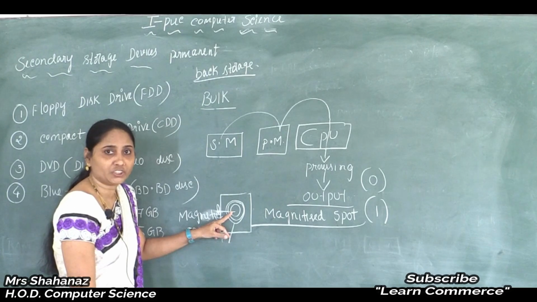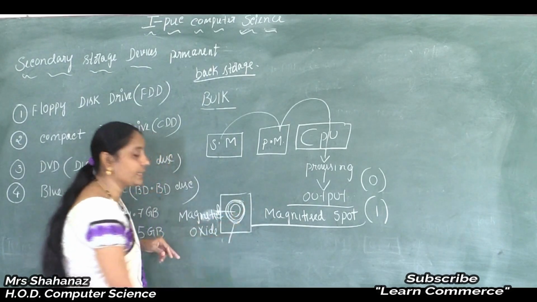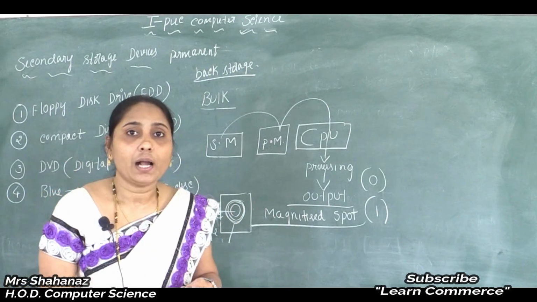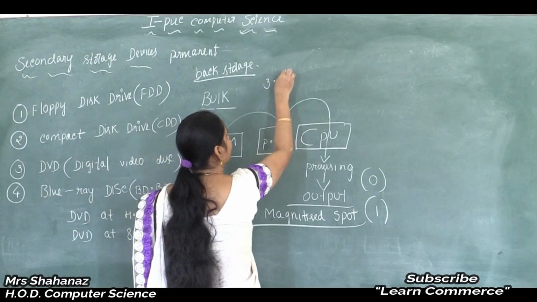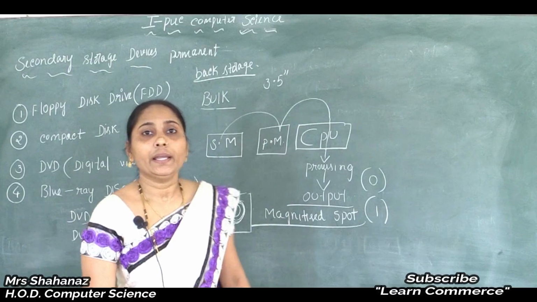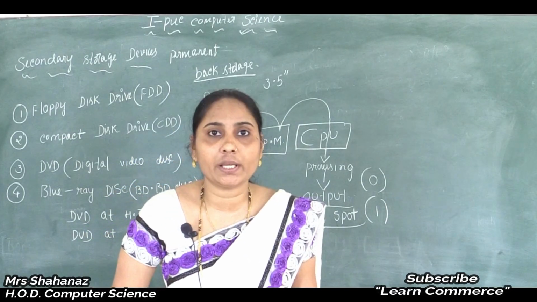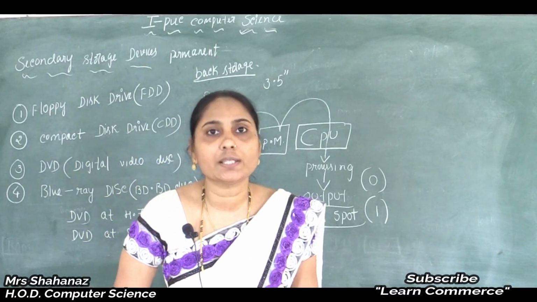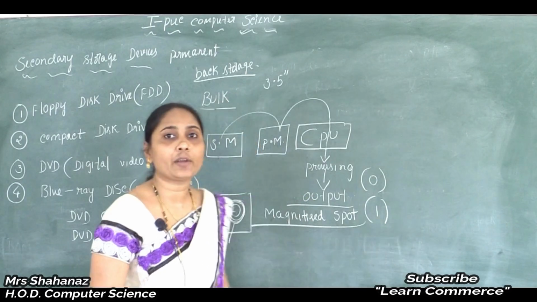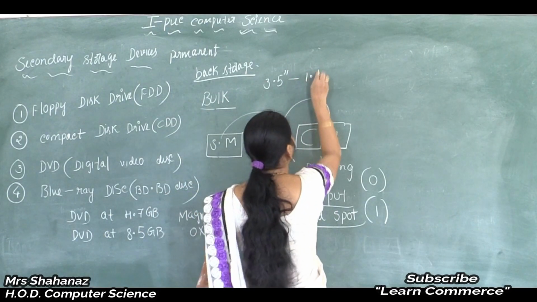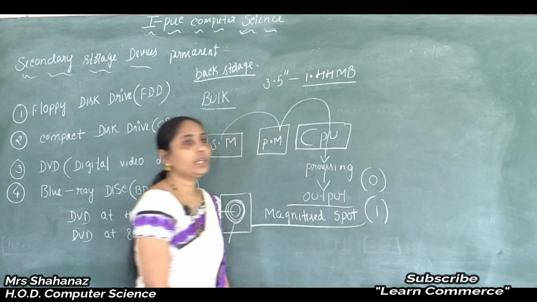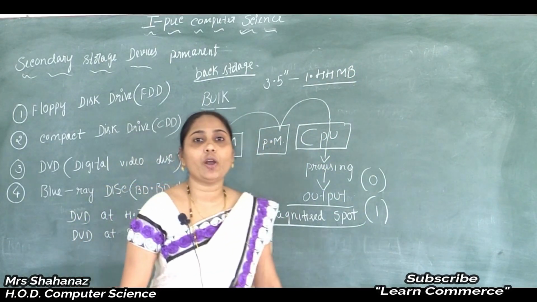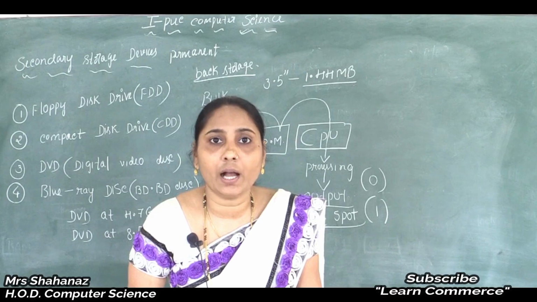Okay, here the protection of the plates in this case here, and the floppy disks are usually 3.5 inch in size. So if you are using the 3.5 inch size floppy disk, that can hold 1.44 MB of data.